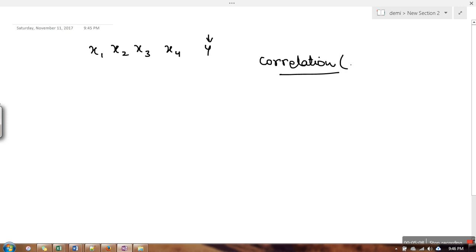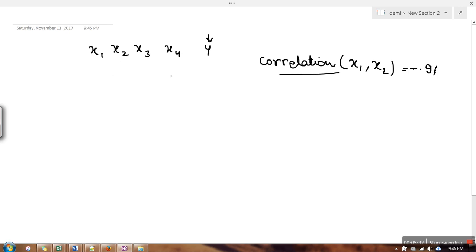Let me take this example. If for x1 and x2 the correlation value is 0.9, it means that 90% of the time x1 and x2 variables are related to each other, or we can say they are similar to each other. Okay, it can be positive, it can be negative. In case of negative, we can say they are negatively correlated. It means if one increases, the other one will decrease.